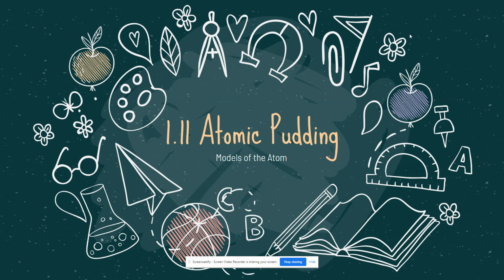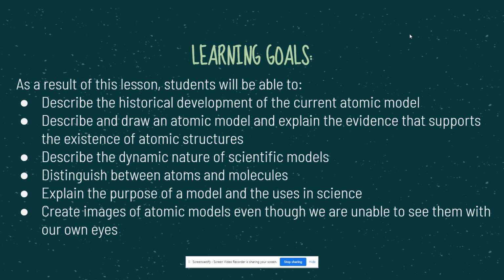of access to information. Okay, we have a bunch of learning goals in this lesson. I know it seems really wordy, but you're going to be able to describe the historical development of the current atomic model. Where did it start and where are we now? You're going to be able to describe and draw an atomic model, and explain what structures go where in that atom.